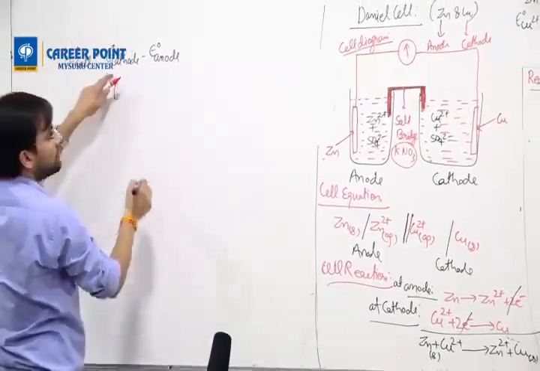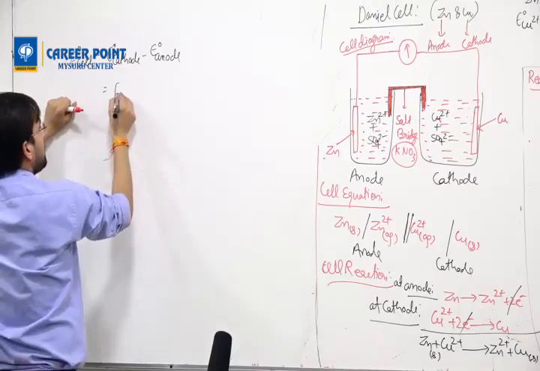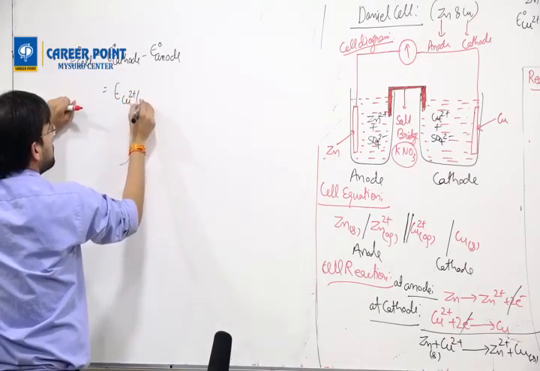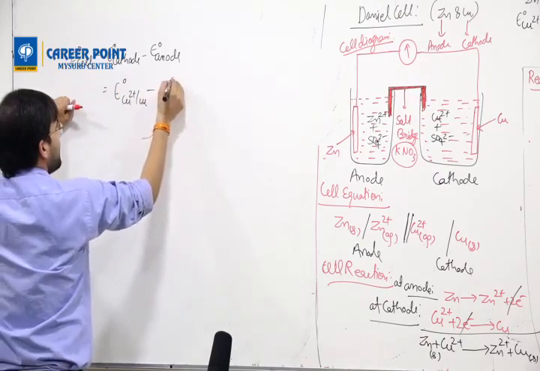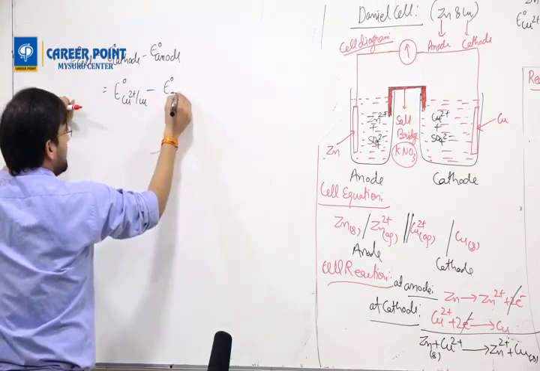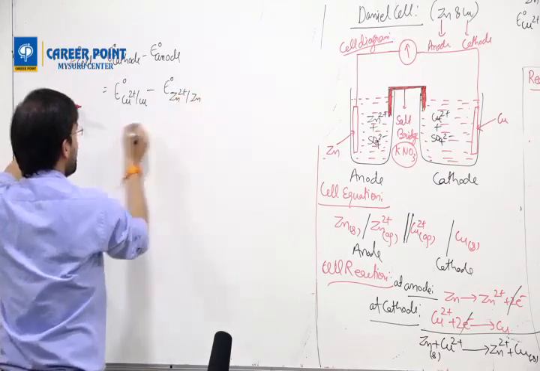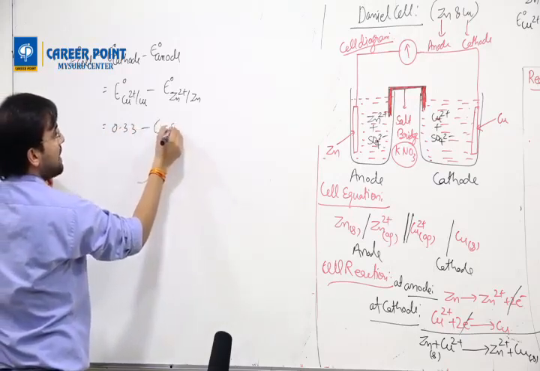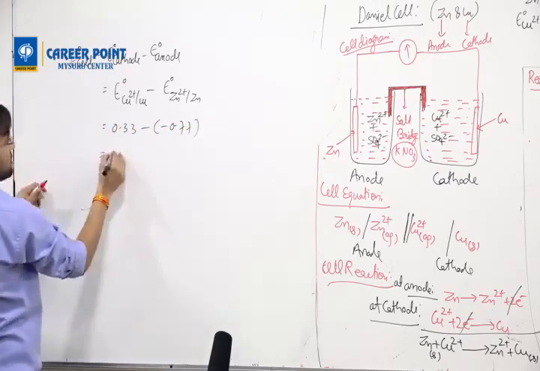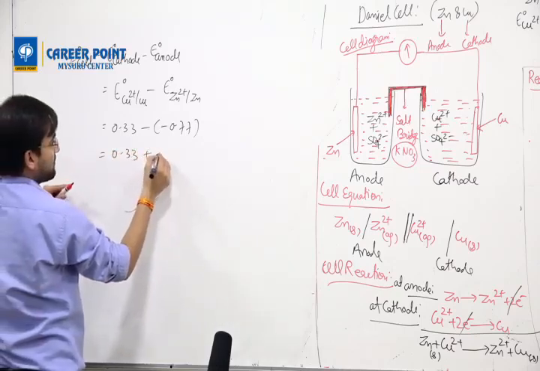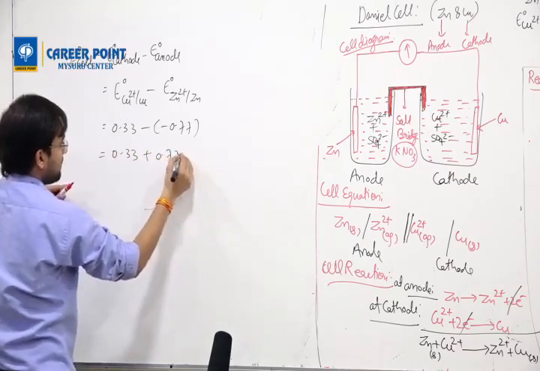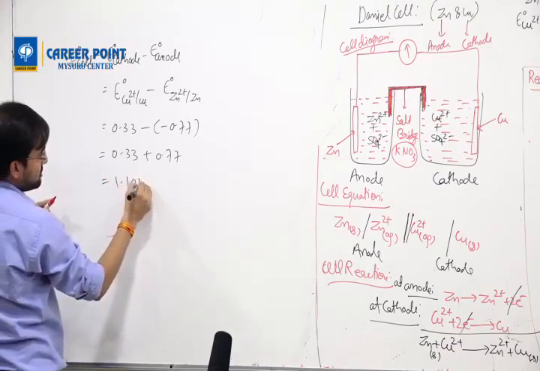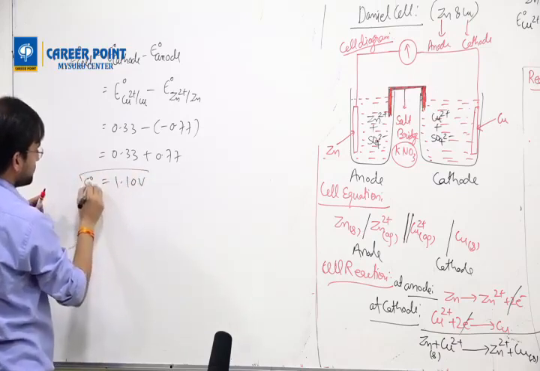E naught of cathode is which one? Cathode was copper, so I am going to write E naught Cu2+/Cu minus E naught Zn2+/Zn. I'll put the values, 0.33 minus of minus 0.77. So 0.33 plus 0.77, and you add, you get 1.10 volt.